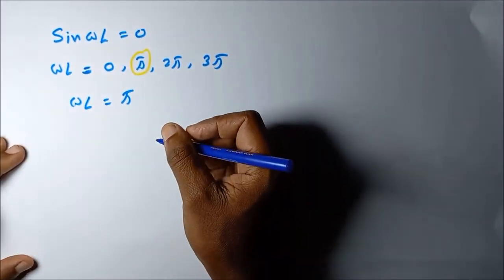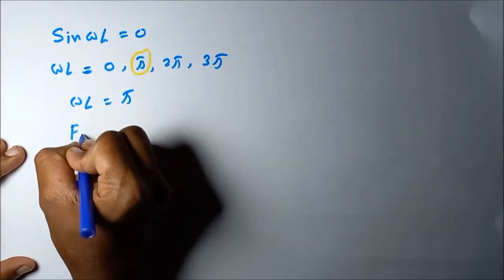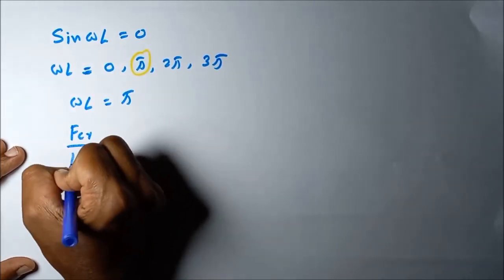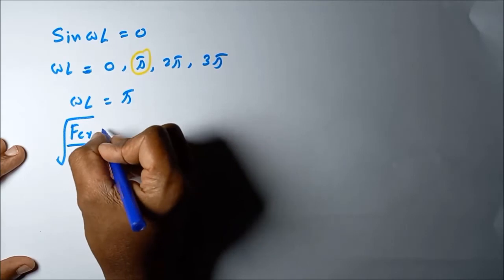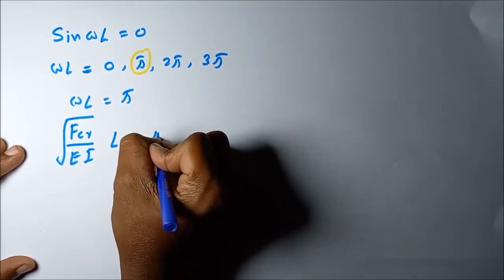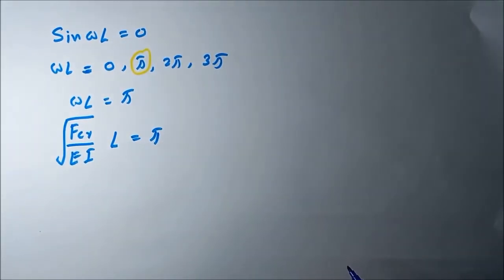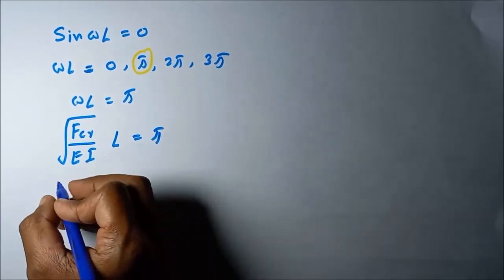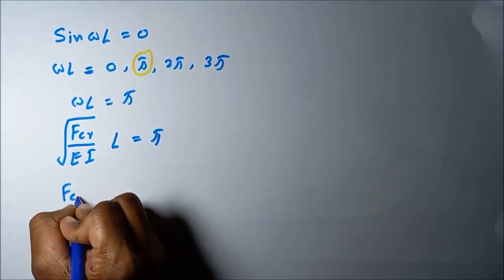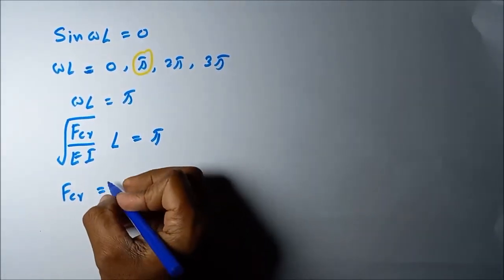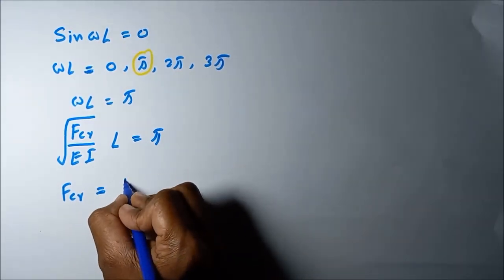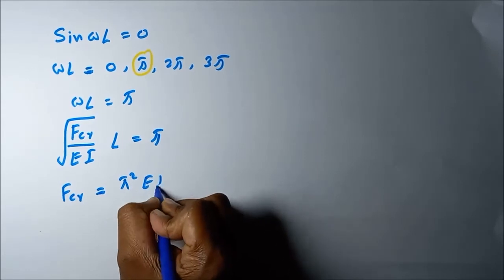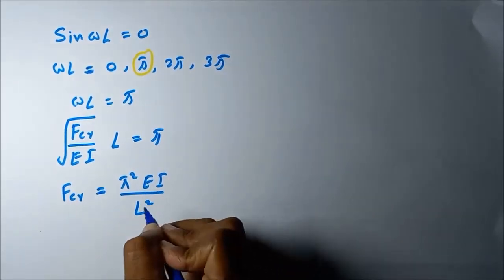So then what is the omega? Let me write the omega. Omega is the square root of P critical over EI, and omega L is equal to pi. By making P critical the subject, we get P critical equals pi square EI divided by L square.